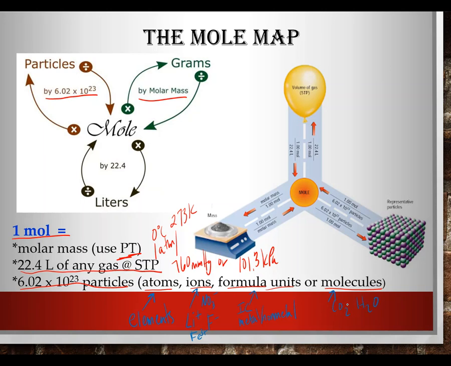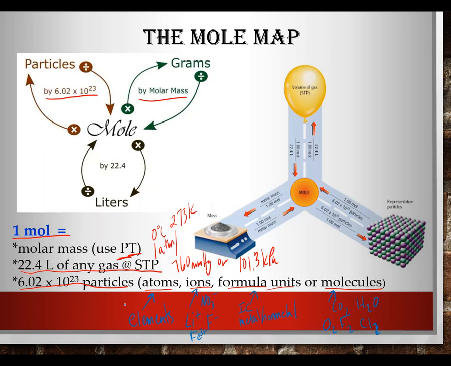These have two different elements, so they're considered covalent compounds. Or you could see the diatomic elements in here, like O2, F2, Cl2. Those are all considered molecules because they have covalent bonds in them.